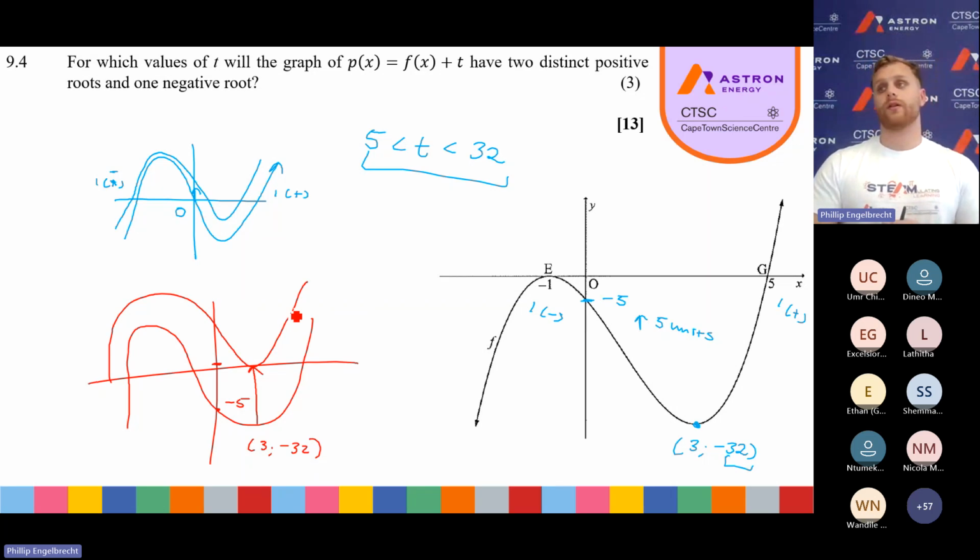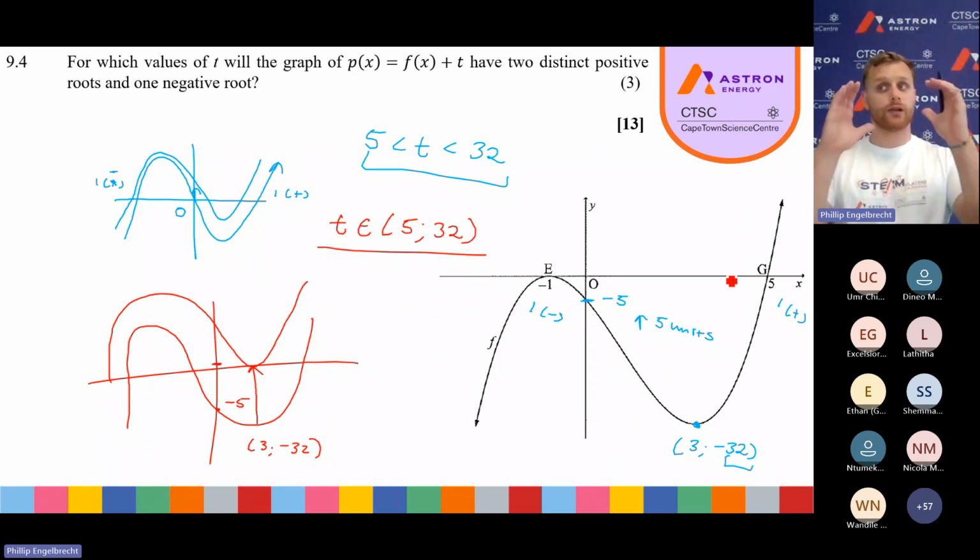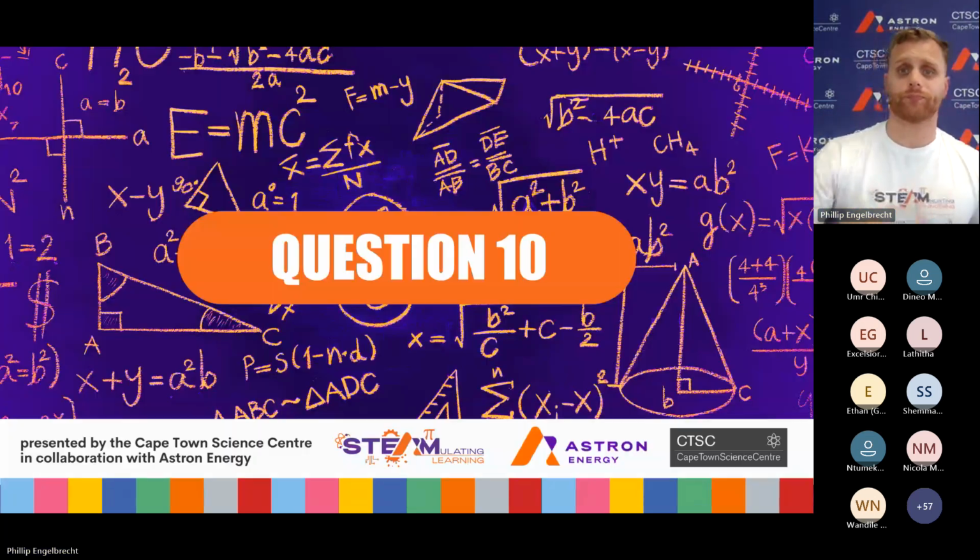More than 5 units, less than 32 units. So therefore, t is this. Or you can say that t is an element of (5; 32). And there we go. Remember round brackets, because it cannot be equal to 5, nor can it be equal to 32. Okay, guys? Here we go.